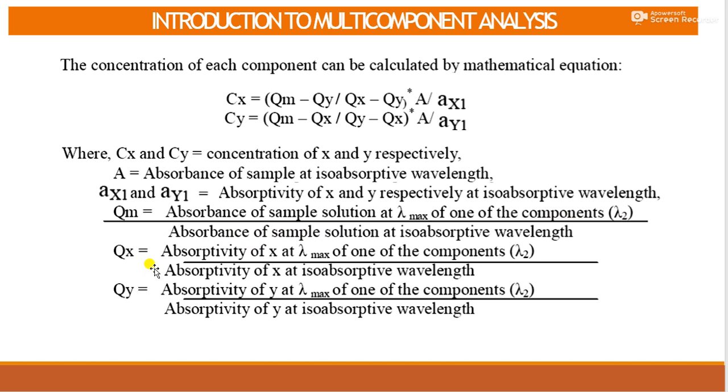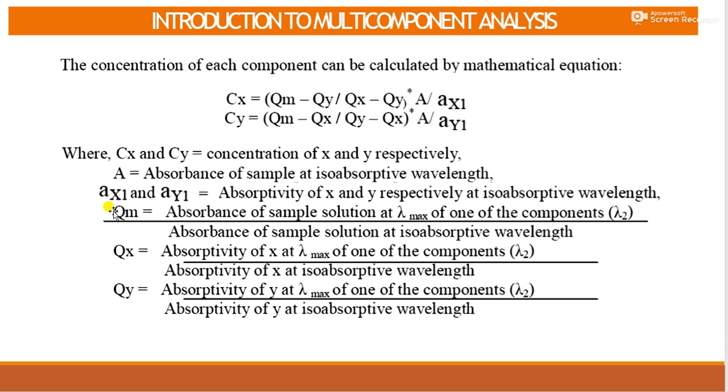Qx is the ratio of absorptivity of x at lambda 2 and absorptivity of x at lambda 1. Qy is the ratio of absorptivity of y at lambda 2 and absorptivity of y at the isoabsorptive wavelength.